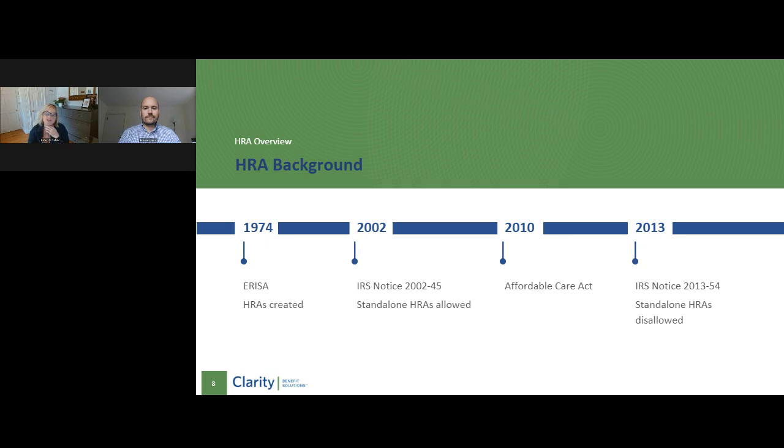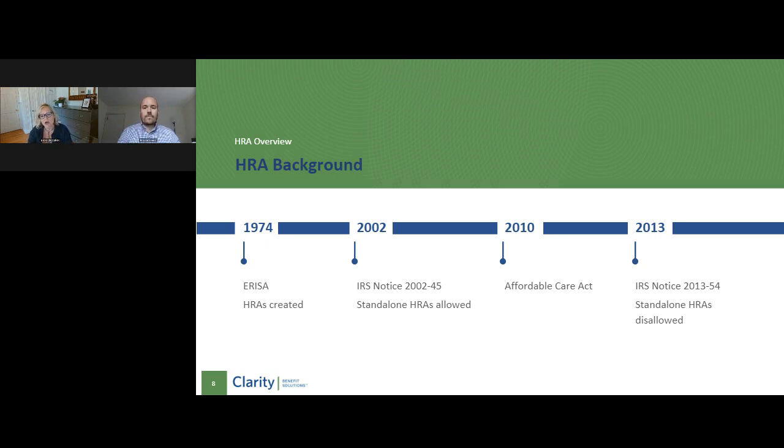The creation of HRAs spurred many employers to move to lower cost, higher deductible health insurance plans. So with HRAs, they could provide tax-free reimbursement to employees to help meet the higher employee deductibles that high deductible health plans brought along with lower employer premiums.